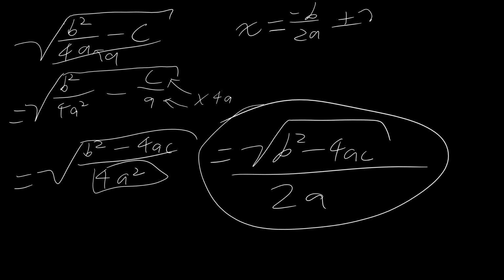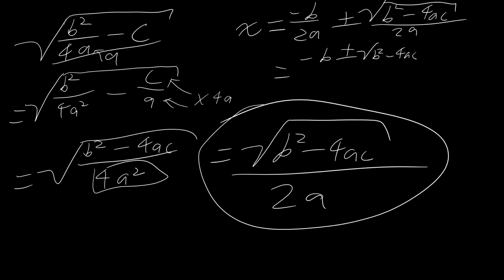So plus or minus root b squared minus 4ac over 2a, or much neater, negative b plus or minus root b squared minus 4ac over 2a. And that is the equation that you'll learn at school.